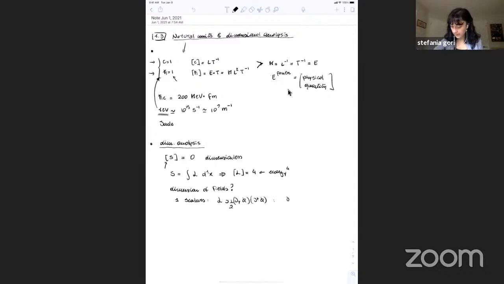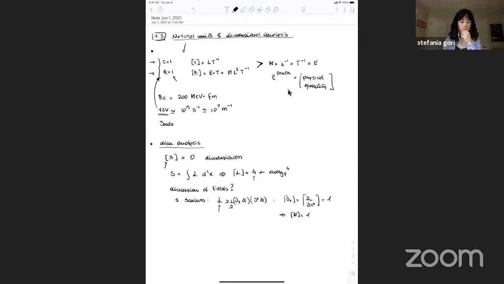Then we know that the derivative has dimension 1. So this is 1 over length, and therefore energy. We know also that the Lagrangian has dimension 4, and then putting everything together, we get that the dimension of a scalar is also equal to 1.